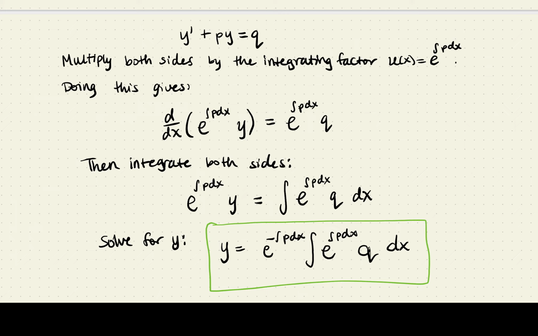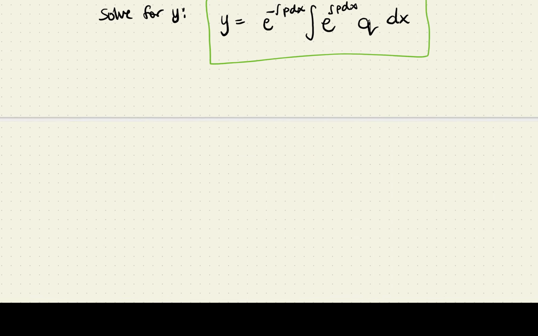The arbitrary constant would come in once you actually do this integral. Okay. So I know this looks like a lot. You shouldn't memorize this formula. All you maybe want to memorize is that this is the form of the integrating factor. So the integrating factor is e to the integral of this function here after you put the ODE in standard form. I'll do another video later where we actually see an example of this in action.